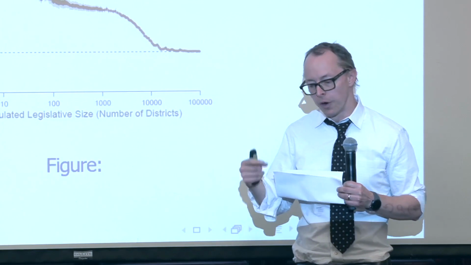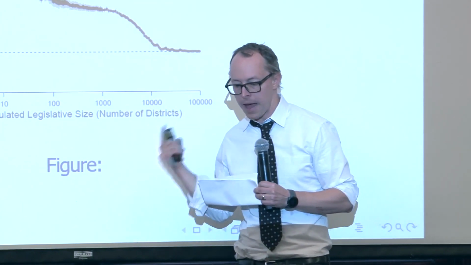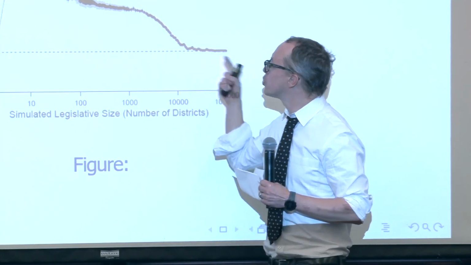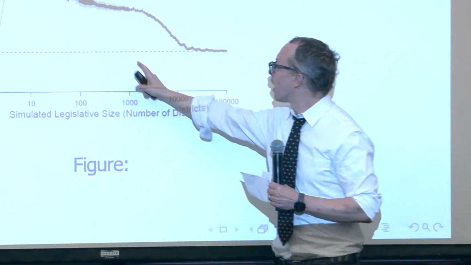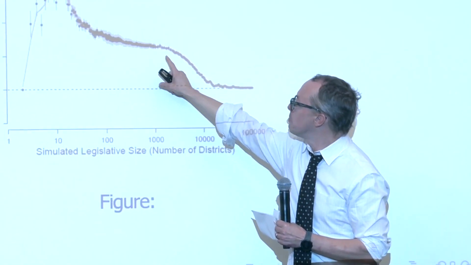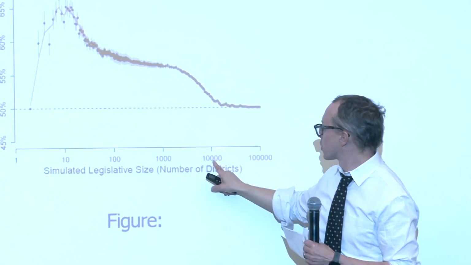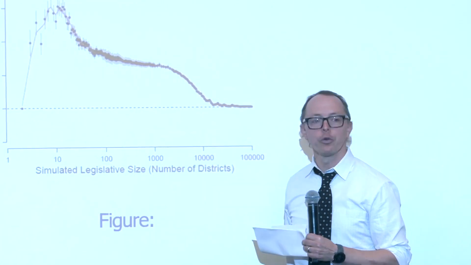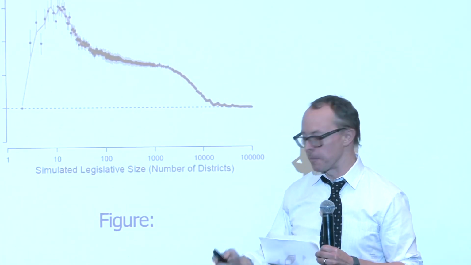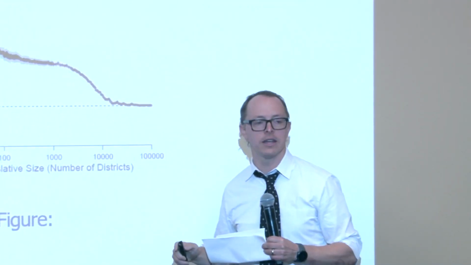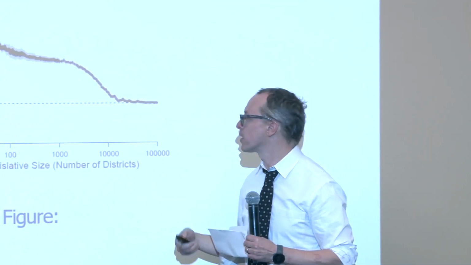So Democrats' votes from the point of view of districting by compactness are distributed less efficiently. And even if you just use compactness, you can see that Republicans are getting a meaningful advantage until we're talking about legislatures of 10,000 districts. So compactness itself, though entirely a neutral criterion, has important partisan consequences.